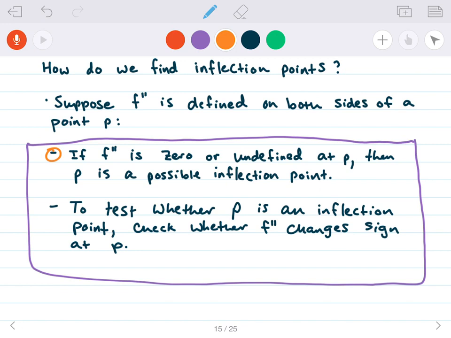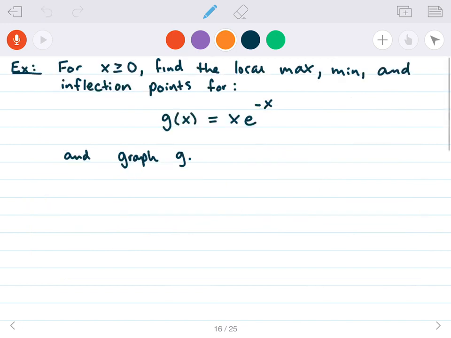Then we're going to make a number line. When we graph this, we can just confirm what we gathered about the local max, mins, and inflection points by looking at the graph on Desmos. We don't really have to graph this by hand. I'm going to erase this just so we have more room anyway.